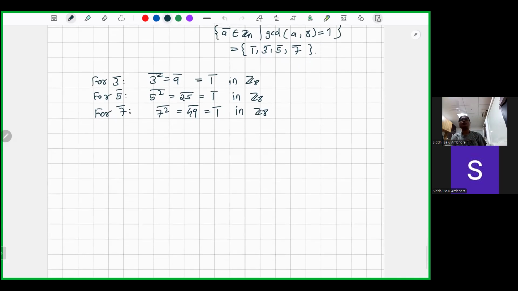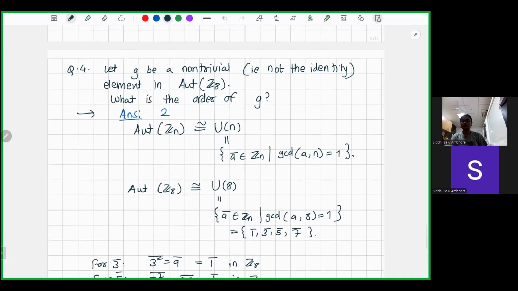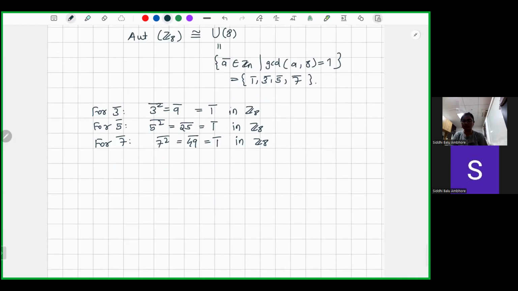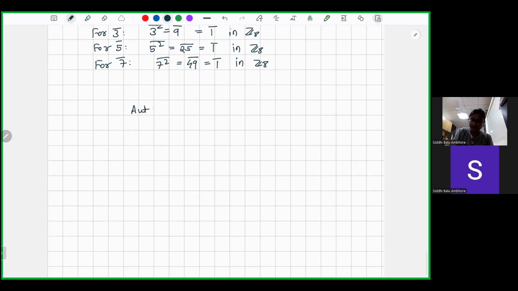And that's how, for any given Zn, you have to just calculate this. For example, instead of Z8, if I was given any other number, for example Z15 or any such number, let us calculate for that. The automorphism group of Z15 is U of Z15. So I want to choose all the elements such that GCD of n and 15 is 1.